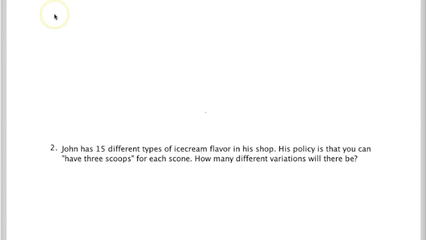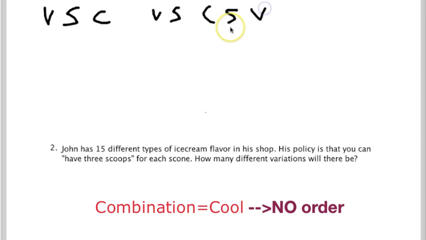Let's say I choose 3 scoops, and I choose vanilla, strawberry, and chocolate. Is that going to matter versus chocolate, strawberry, and vanilla? No, absolutely not. I don't really care because I'm going to eat all 3, even if it's in a different order. So order in this case does not matter.